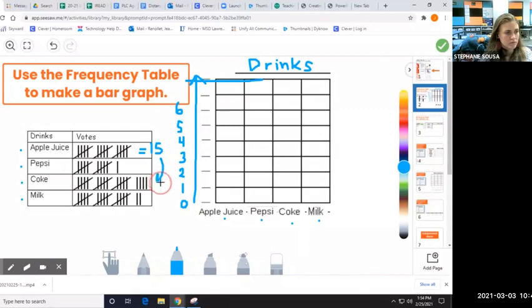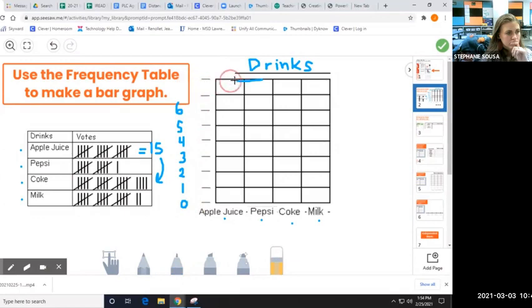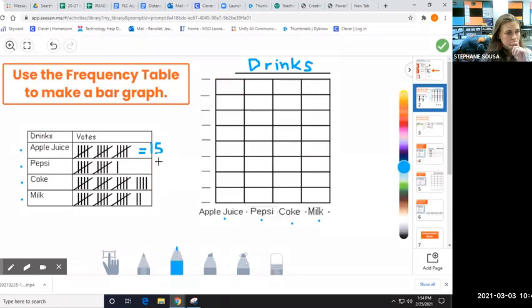Look at the Coke data. Coke has even more votes. This is why we don't want to count by ones in 3rd grade. When we create a graph, we need to choose a scale that is appropriate. If I'm going to make a bar graph using this data set, I need to think about a number that I can count by that's different than 1 and that makes sense for these numbers.